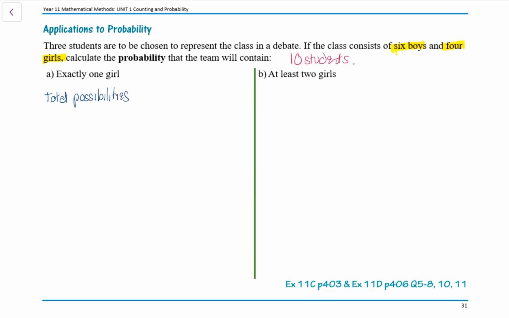We want 3 from that. So no restrictions would be 10C3. Out of those 10 students, I can pick any 3, and that would be 120.